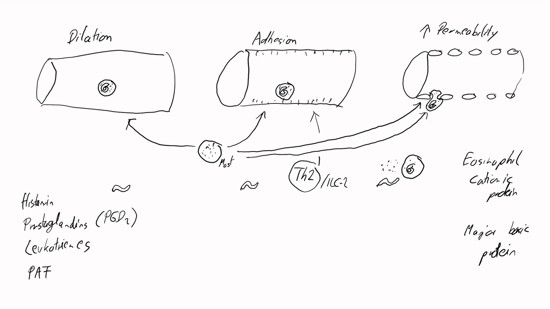This may probably be a function of IL-4. And then the much more established function is the activation of the eosinophils, activating them towards degranulation, and this function is mainly through IL-5.